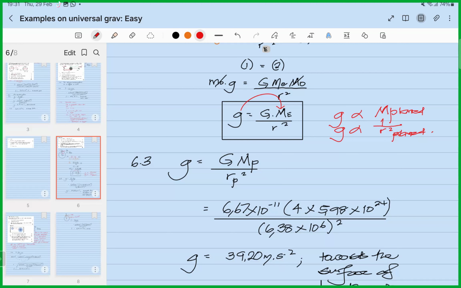Sir, so in the acceleration formula, the mass of the object is not present. No. I know what you may be thinking, but what if I drop a feather and a steel ball? They won't have the same acceleration. This formula here is taking into account that there are no external forces acting on the object. In other words, we eliminate air resistance.